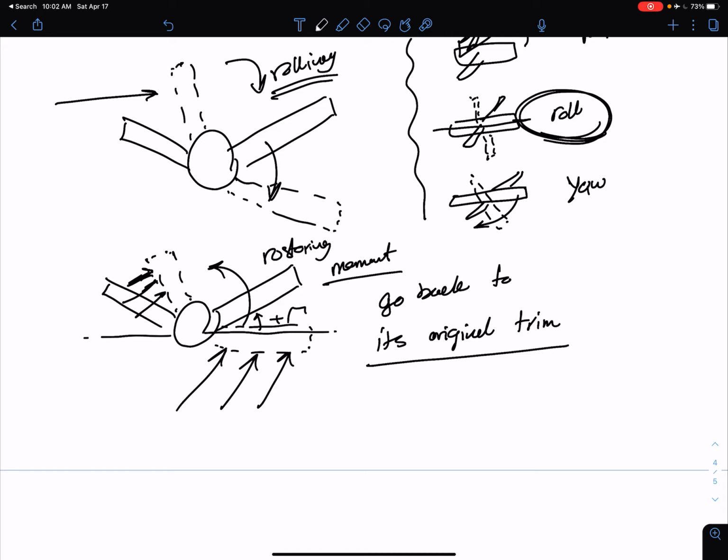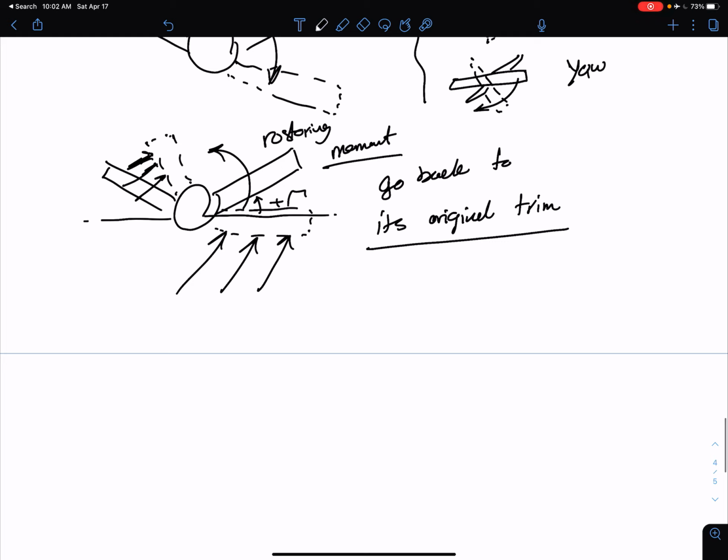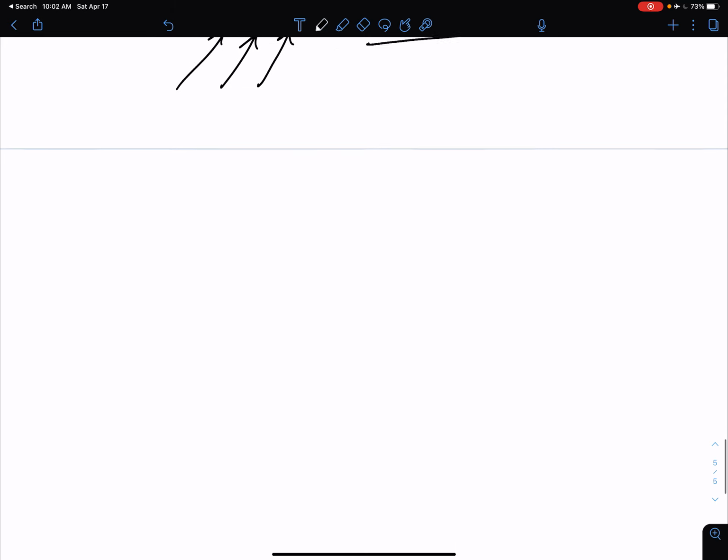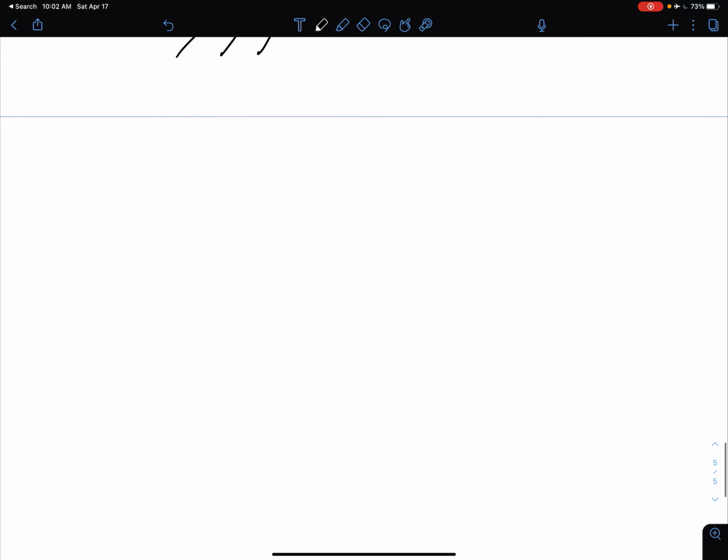So a dihedral angle is going to do this, but an anhedral wing is going to be the other way around. Because of these stability concerns, dihedral angles are mostly used in commercial airliners.